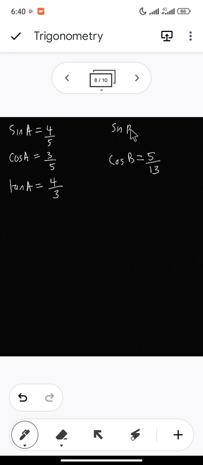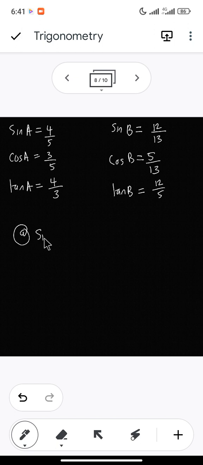And sine B will be 12 over 13. We got our tan B as 12 over 5. Now we're going to see why we are doing this. Now the question says we should solve if both of them are accurate.